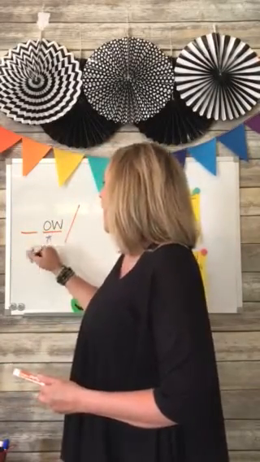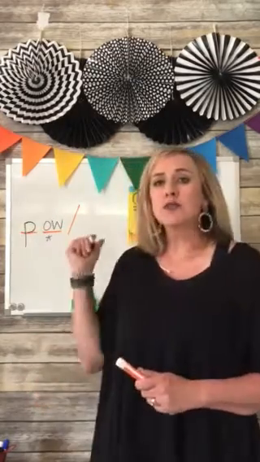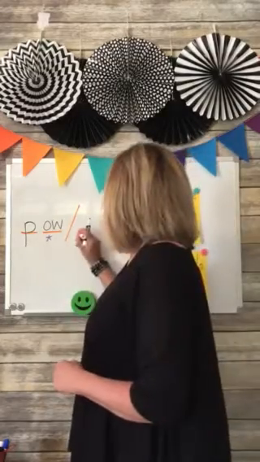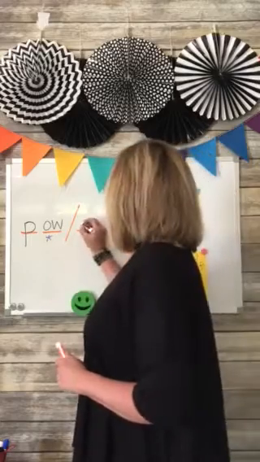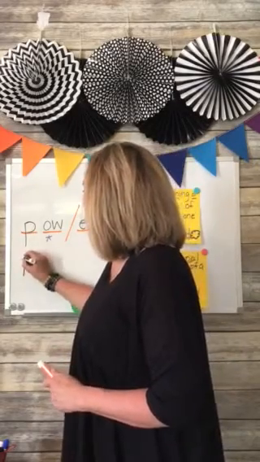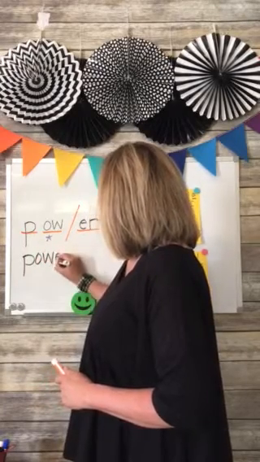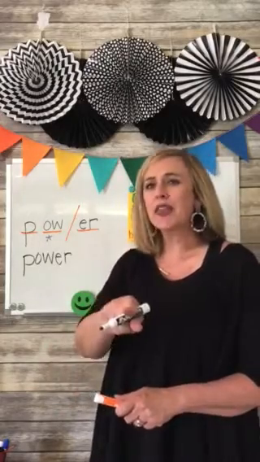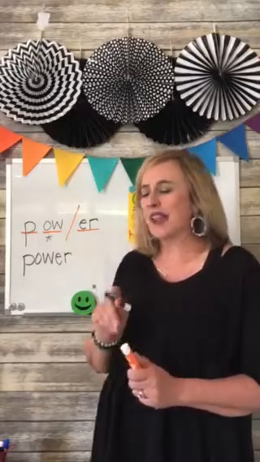P, ow. P says P. Let's move on to the second syllable. That's just one sound in that syllable, and that sound is spelled E-R. Power is spelled P-O-W-E-R. Power. Check your spelling, make sure it matches my spelling. Great, let's move on.